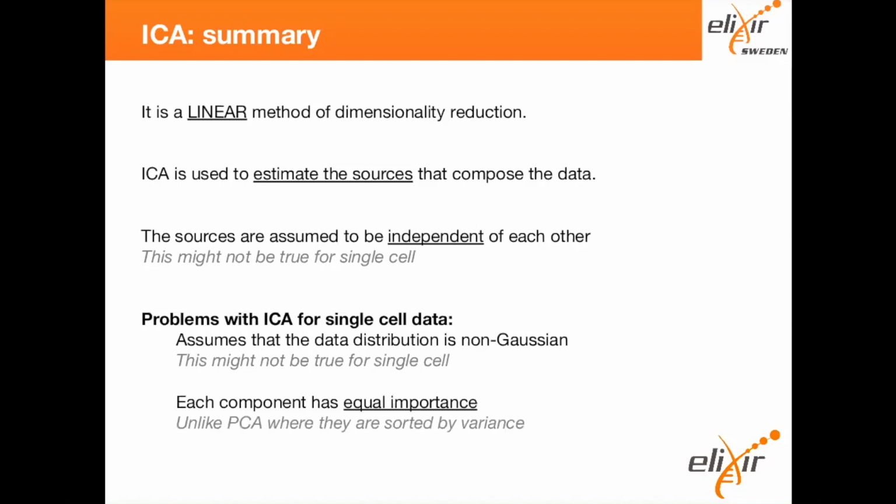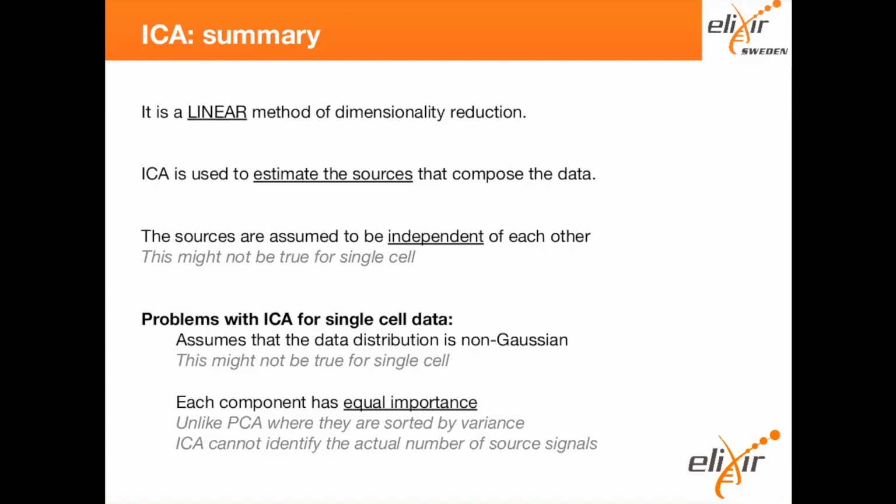And the other thing is that, since everything is important, I need to specify how many independent components I have in my data. So if I have a data set with thousands of cells, thousands of branches, how do I know how many components I have? Of course, I can try to set random numbers, or try all different ones. But this is one of the challenges of using ICA nowadays for single cell.